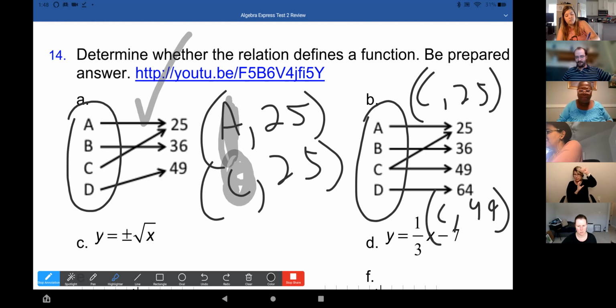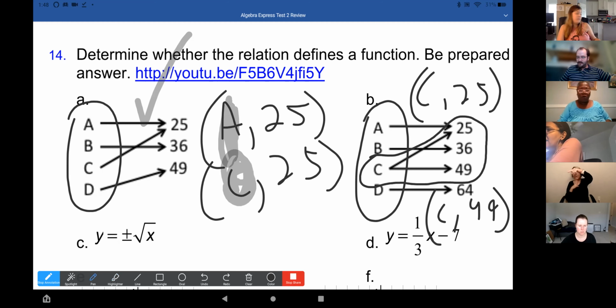If you have two arrows in your output, that's fine. But when we get two arrows in our input, like b, it is not a function, because we get something like C25 and C49. We repeated C and got two different outputs. An input can't have two outputs.